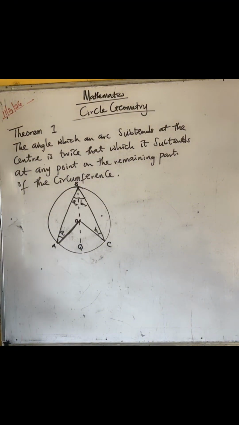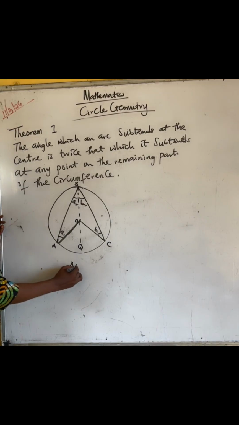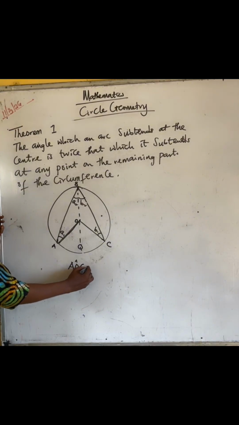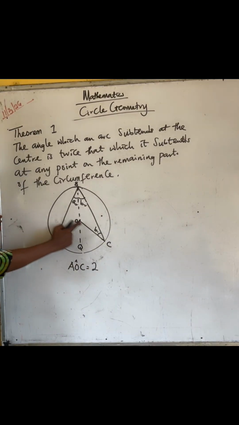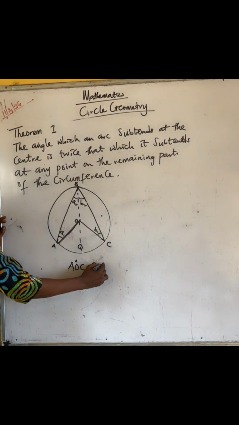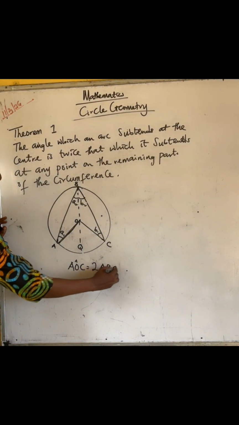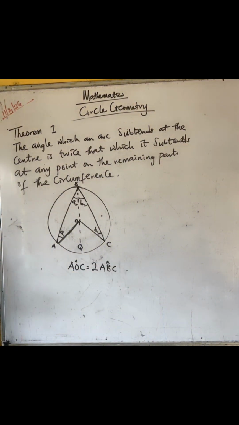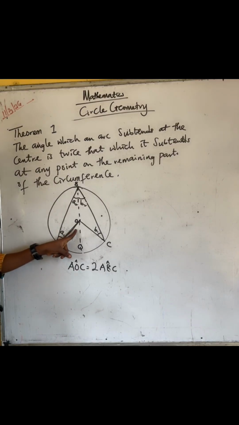Then from this analysis, we can always have that angle AOC is twice angle ABC. The angle here is twice the angle here. We can give that picture.